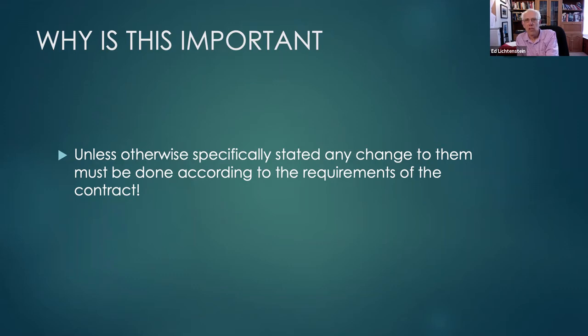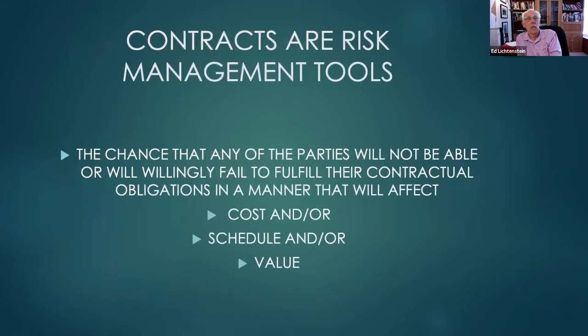Changes need to be done according to the requirements of the contract. If you want a change, okay, tell me how much it's going to cost me. Tell me what it's going to do. Or if your customer asks, here's what it's going to cost you. So you don't want to get into an argument afterwards. Okay.